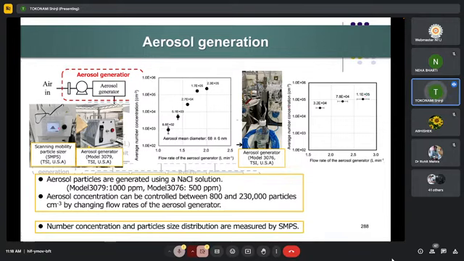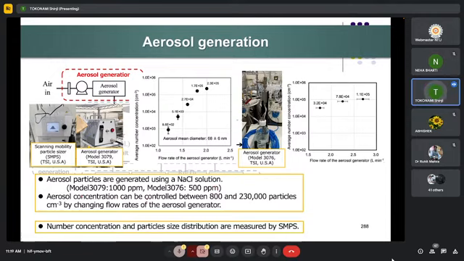Aerosol particles are generated using sodium chloride solution, model 3079 with 1000 ppm, model 3076, the 500 ppm of sodium chloride solution.